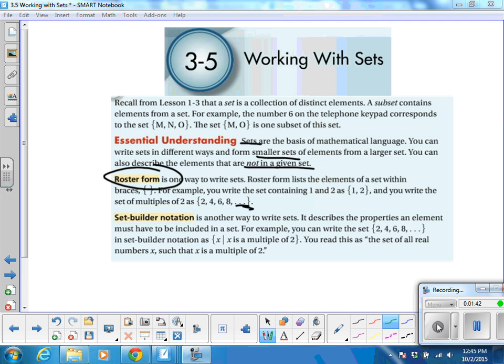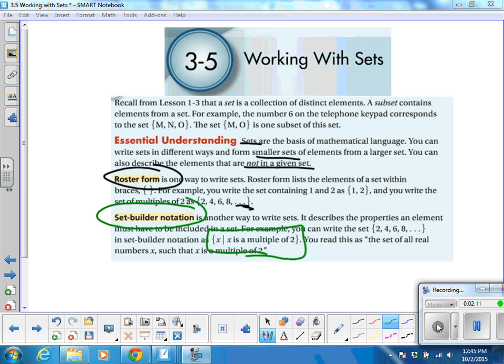The one that's more unique that we haven't done a whole lot of is set builder notation, and we're going to practice that a lot today and tomorrow. Another way to write sets is described as the properties an element must have to be included in a set. So it's like the descriptions, and if it fulfills that description, it gets to be in it. For example, you can write the set {2, 4, 6, 8, ...} in set builder notation as {x ∈ ℝ | x is a multiple of 2}.